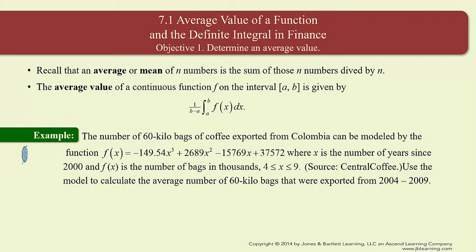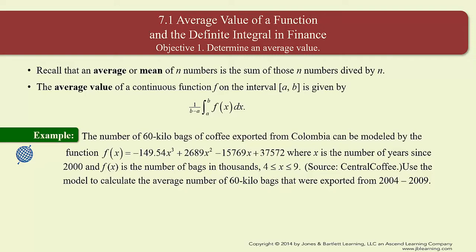So let's see how we can do this in an example. Make sure you write it all down. It's the number of 60 kilo bags of coffee that's exported from Colombia. It can be modeled by that function. And we're going to use this model to calculate the average number of 60 kilo bags that were exported from 2004 to 2009.